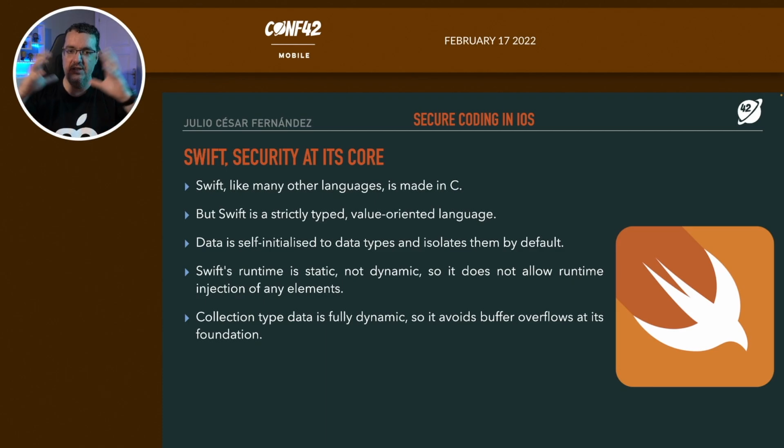All this kind of data is 100% dynamic. A string has a dynamic storage and creates more storage when it needs it in real time. Okay? Because of this, it's impossible to do a buffer overflow when you code in pure Swift.